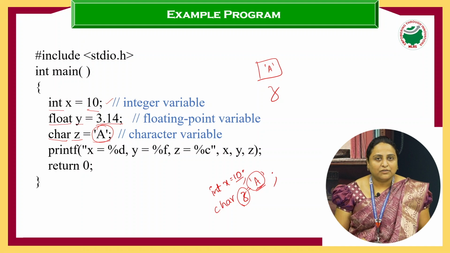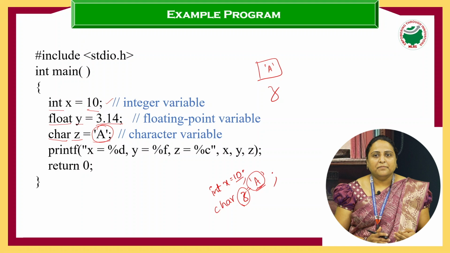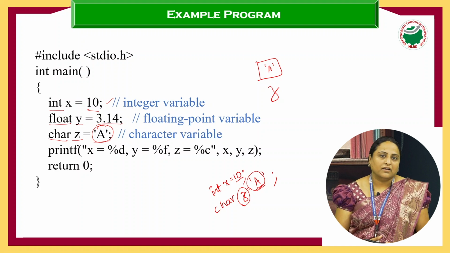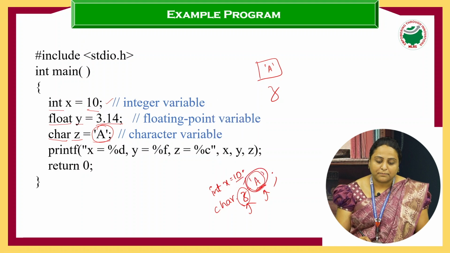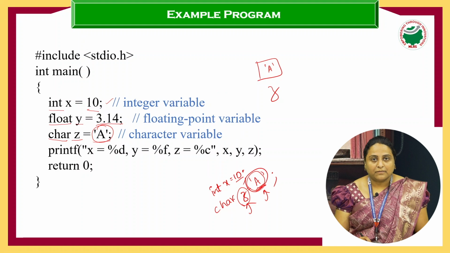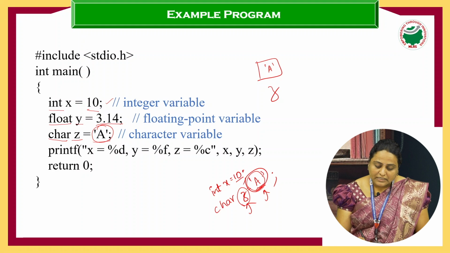So what happens if it looks like a variable? A variable name can be replaced with any other name. If not x, I'll write p or q or r or something like that. In the place of z, I can write any name, that is acceptable. But in the place of A, I can't write any other alphabet, because in this case, A is nothing but a direct alphabetical value. I am representing a value, I am not representing any variable name here. So whenever you are representing alphabetical values as constants, they should be enclosed in single quotations.